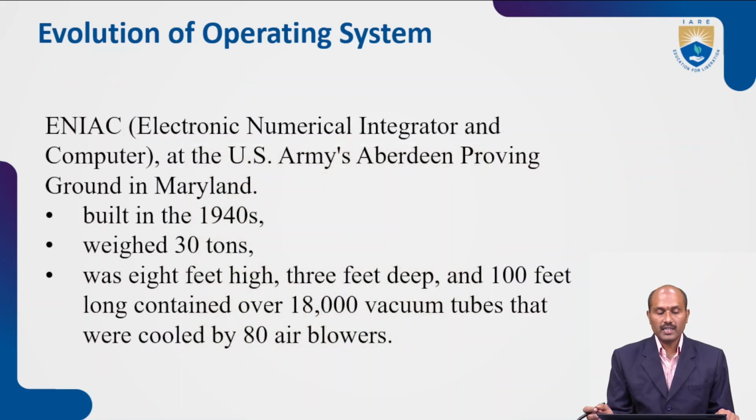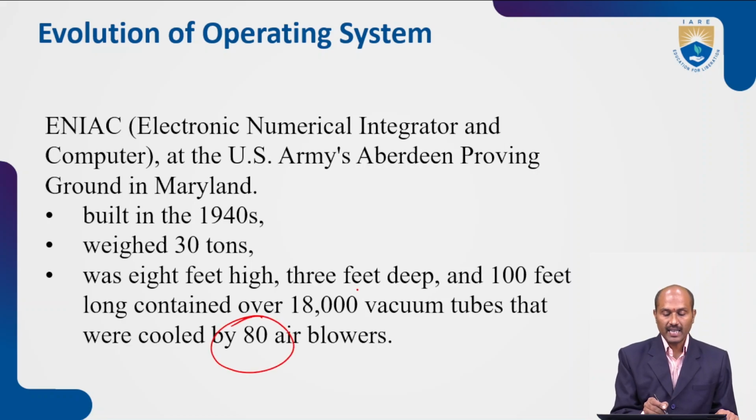The full form of ENIAC is Electronic Numerical Integrator and Computer. It was built in the 1940s at the US Army Aberdeen Proving Ground in Maryland. It weighed 30 tons, was 8 feet high and 3 feet deep, 100 feet long, and contained over 18,000 vacuum tubes that were cooled by 80 air blowers.